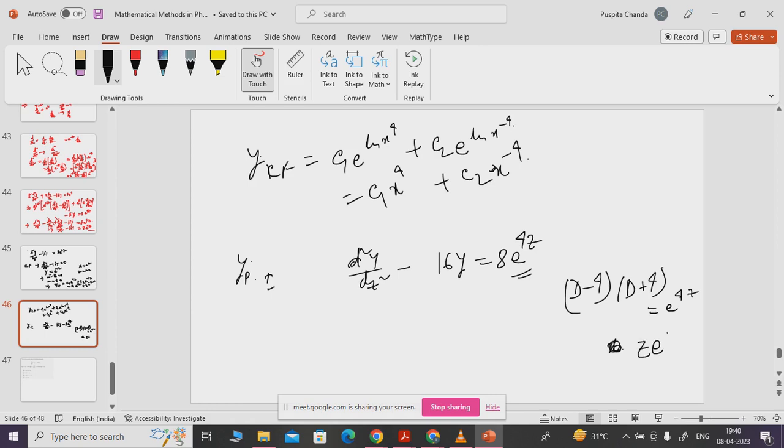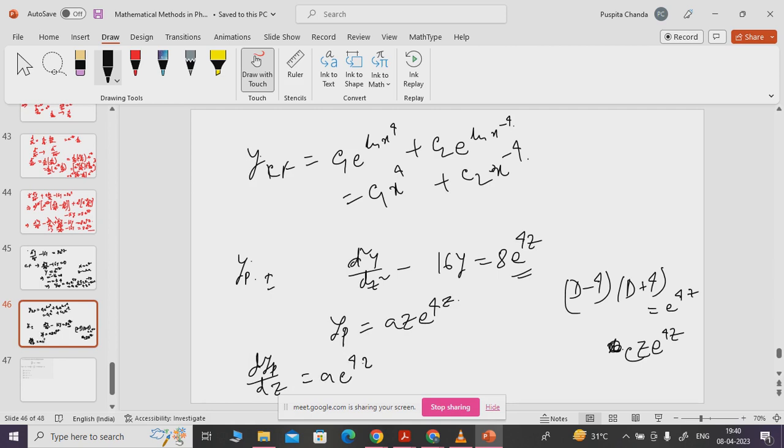So we need to assume z e to the power 4z, so y p will be a z e to the power 4z.